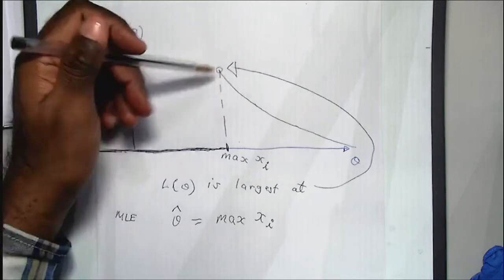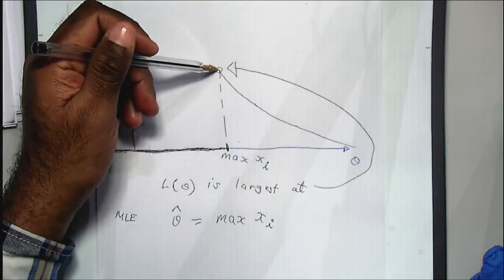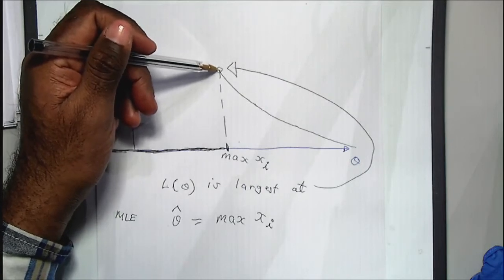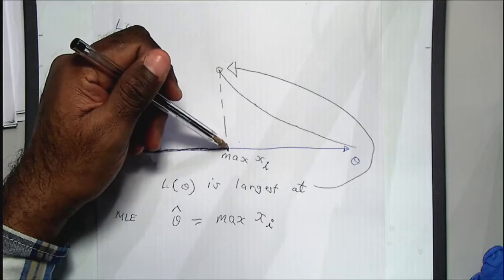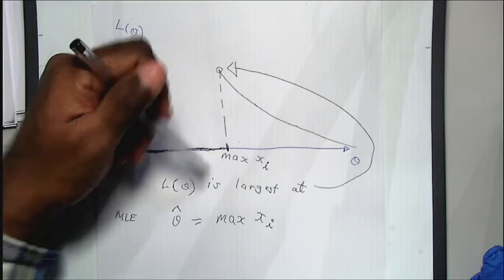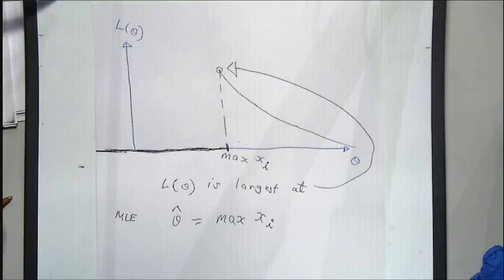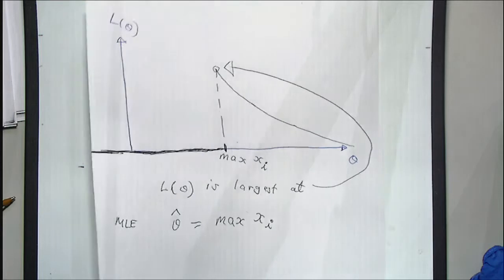The graph here attains the largest value over here. This is the largest possible value of the graph, and the corresponding theta value is this, and therefore theta hat is this. You alright, guys? Okay, guys. So this approach, which I illustrated through an example, is known as the indicator function approach. Now, let me formalize it.